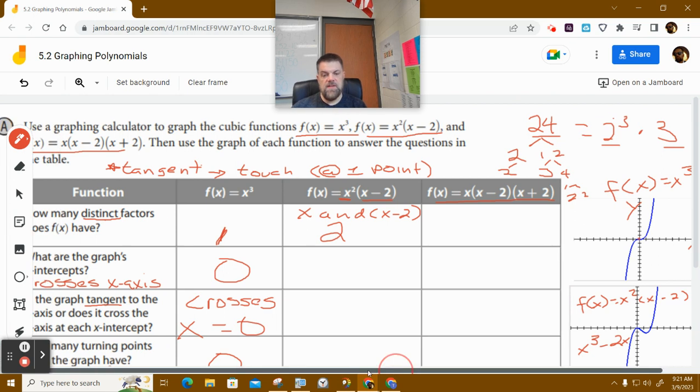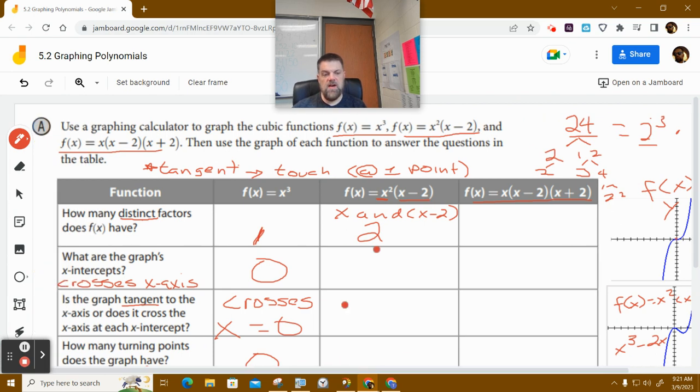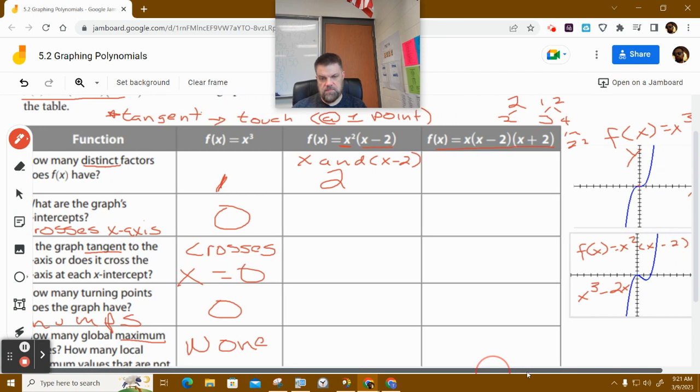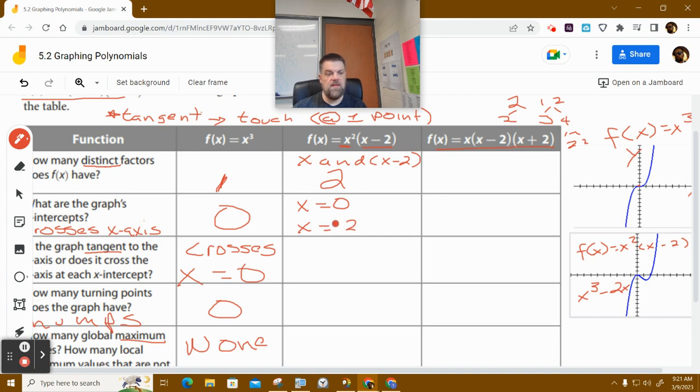Okay? The second row says, what are the graph's x-intercepts? Where does it cross? Well, interestingly enough, I shouldn't say where does it cross. Where does it touch the x-axis? Well, it touches it at x equals 0 and x equals 2. That's no accident. Okay? Tangent or crosses?